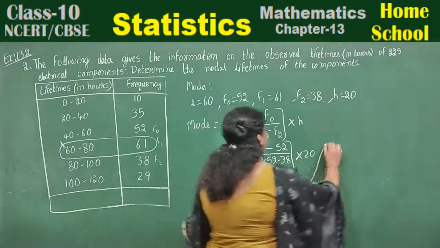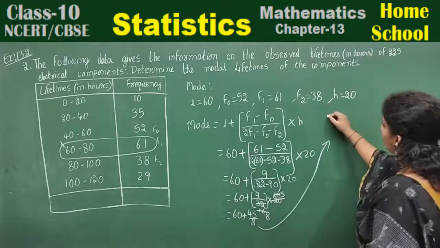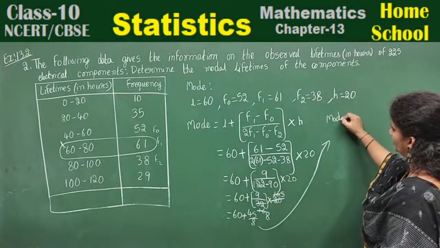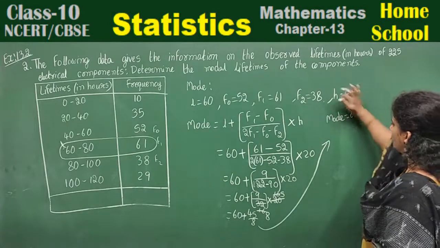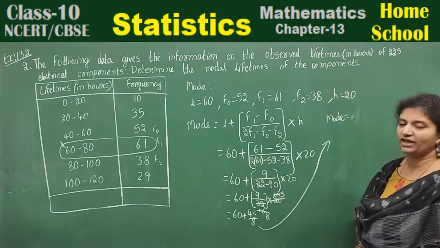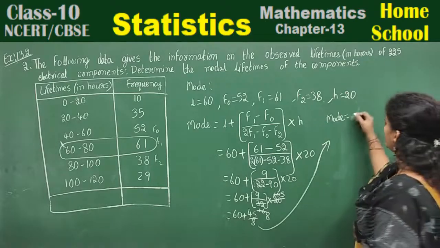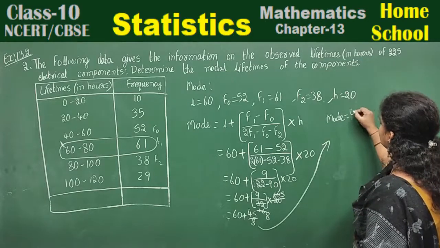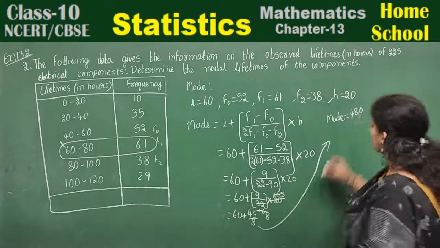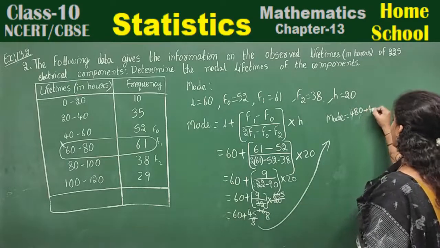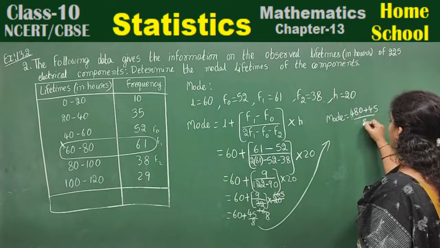Let's carry the problem solution here. Mode is equal to 60 plus 45 by 8. Let us do LCM. 8 6s are 48, 8 60s are 480, plus 45 by 8.